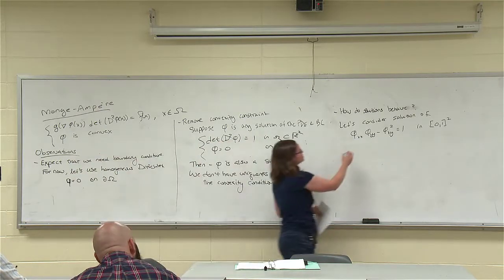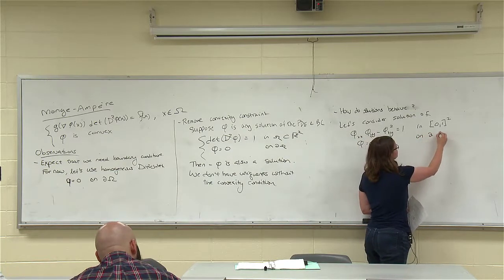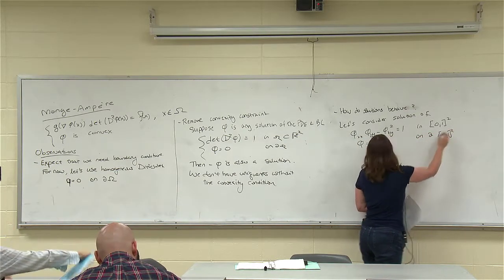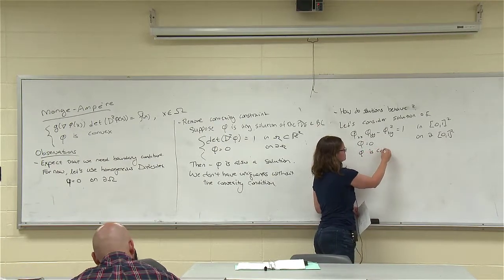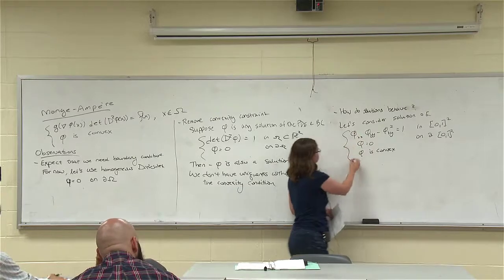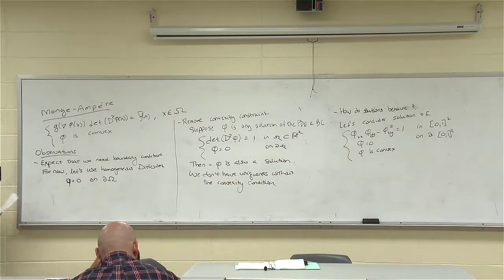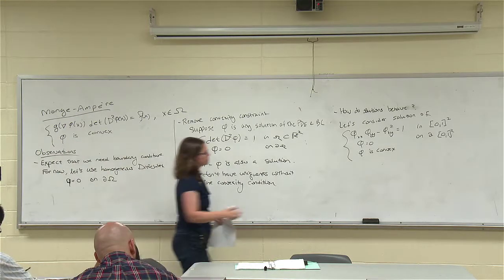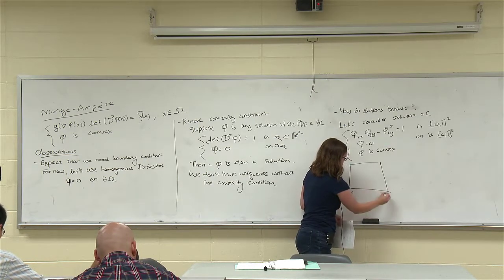Okay, and phi equals 0 on the boundary of this square, and phi is convex. Okay, let me draw the domain.